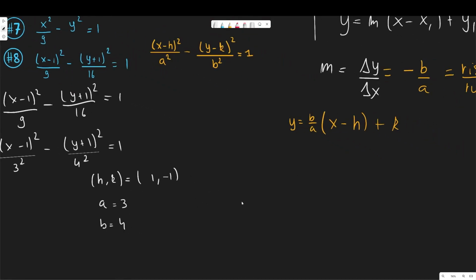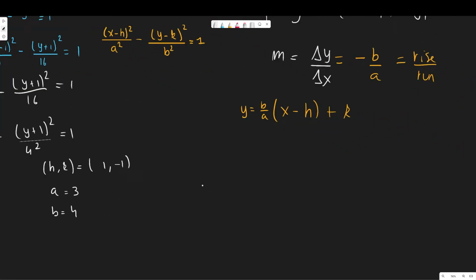So let's make our sketch. Let's first start by drawing our y-axis like this and our x-axis like this. So the center of our box will be 1 comma negative 1. So 1 will be around here and negative 1 will be around here.